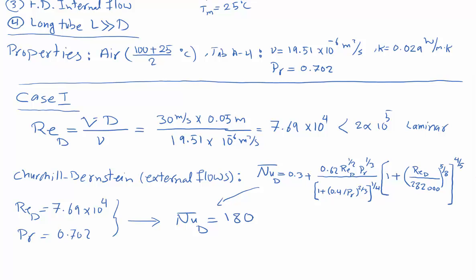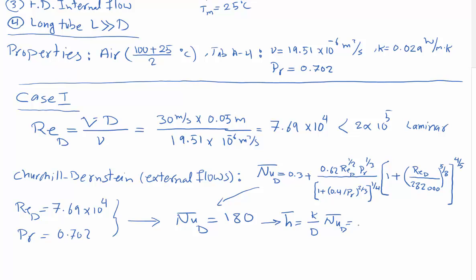Now, in order to find the heat flux, we need to use this value for average Nusselt number to find the average convection coefficient h bar, which is defined as k over D times average Nusselt number.